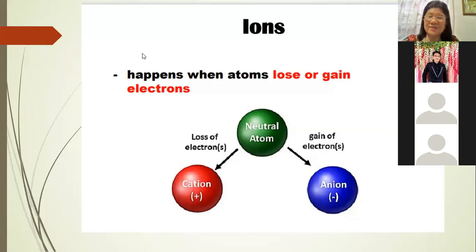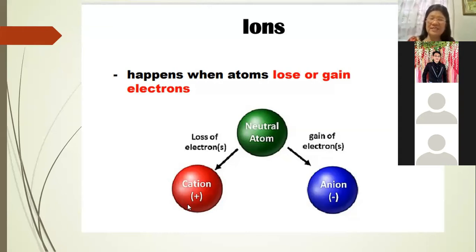So, what are ions? These are substances which have a charge. We already know that an atom could either gain or lose an electron. So when will an ion occur? This will occur when an atom either loses or gains an electron.